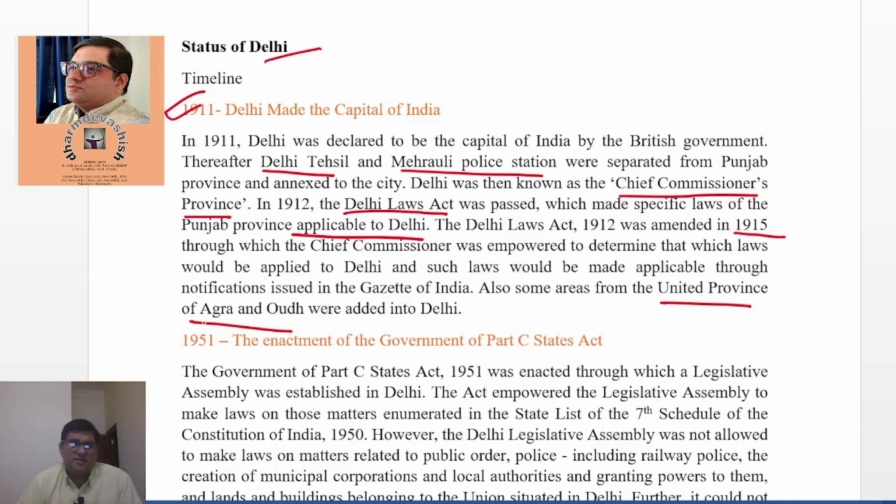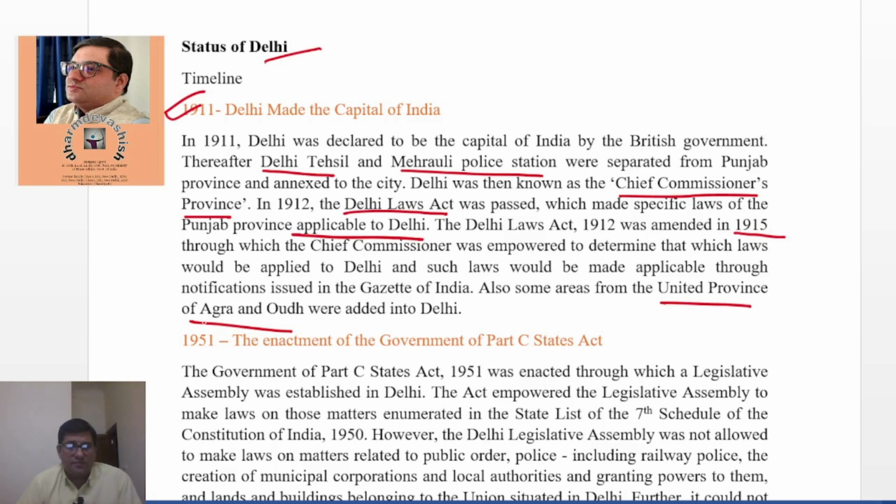Current-day areas of Delhi like Seelampur, Wazirpur, etc., were added into the territorial area of Delhi.